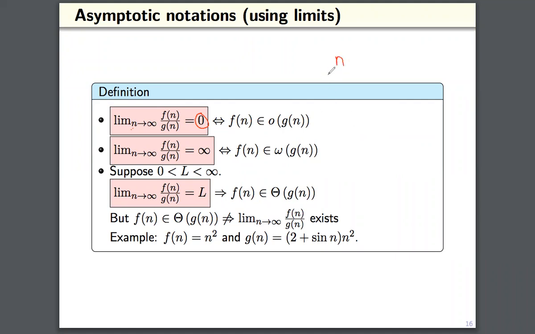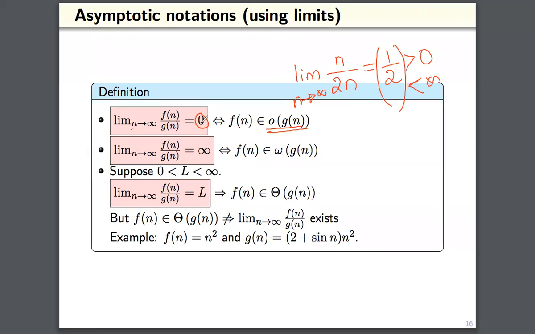If you have n divided by 2n, you just get 1 by 2, a constant. So the limit is greater than 0 and less than infinity, it's a constant, so it is not this. This should cancel the effect of all constants.